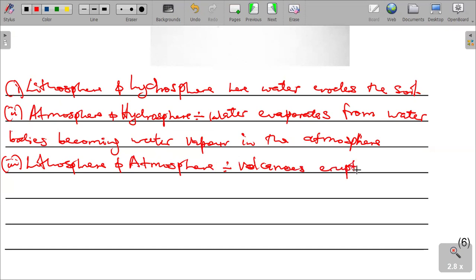When volcanoes erupt, they shoot gases and dust into the atmosphere.